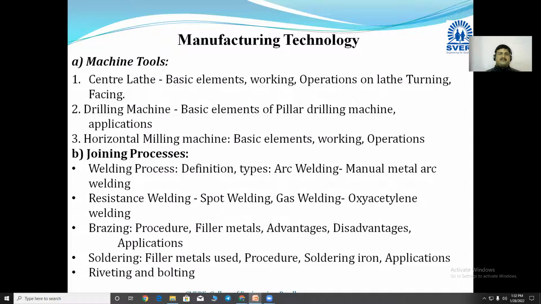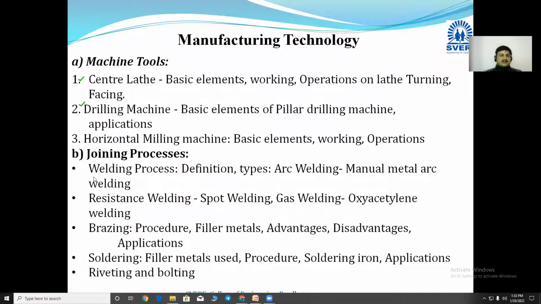and joining processes, we are going to concentrate on the first two methods mentioned on this screen. The first machine is the center lathe, and the second one is the drilling machine. So in this syllabus of manufacturing technology, we are going to learn about two machines, center lathe and drilling machine.